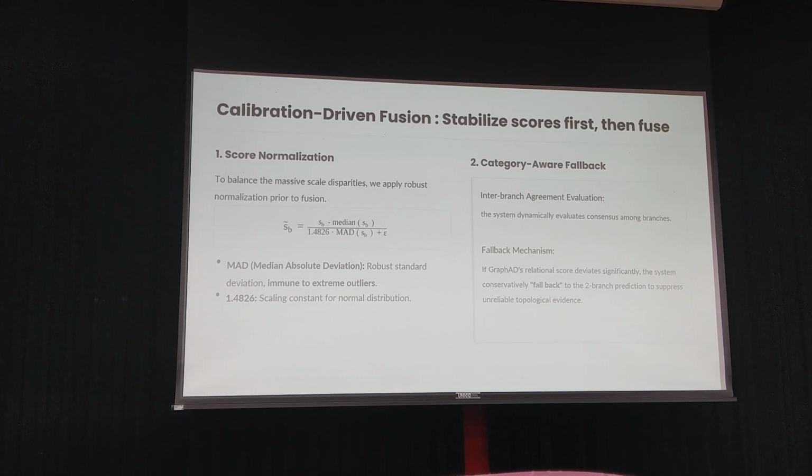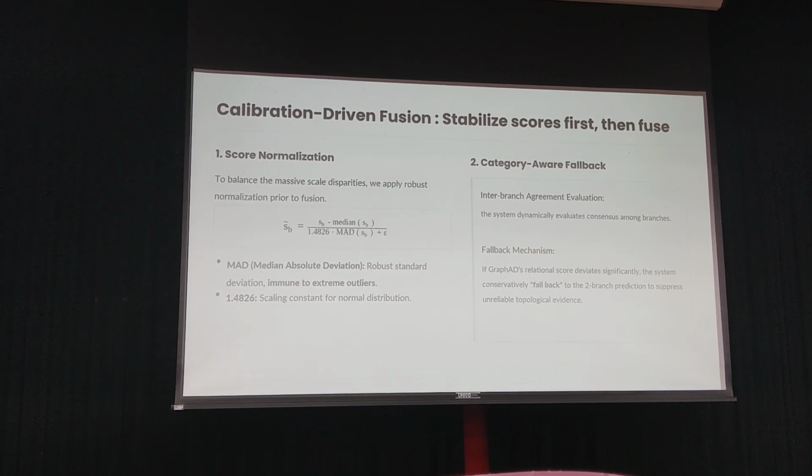This slide explains the core idea of calibration and fallback. The motivation is that the three branches produce anomaly scores from very different sources, so their score scales are not directly comparable. The first step is score normalization.